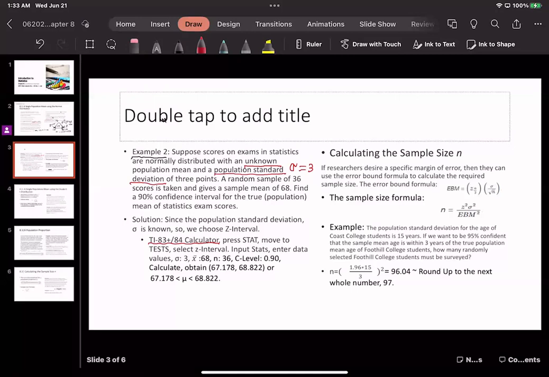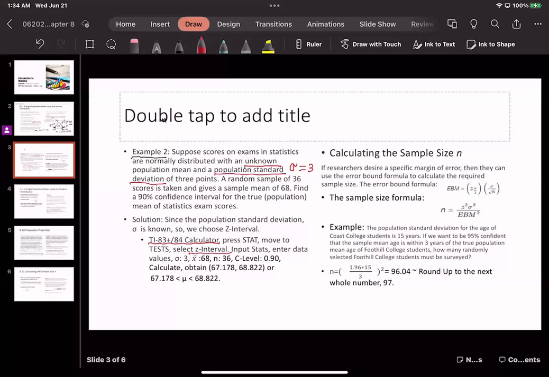Go to STAT, move to TESTS, select Z interval. Highlight Stats and enter the data values: sigma 3, X bar 68, sample size n 36, C-level 0.9. Then move to Calculate and just hit enter.